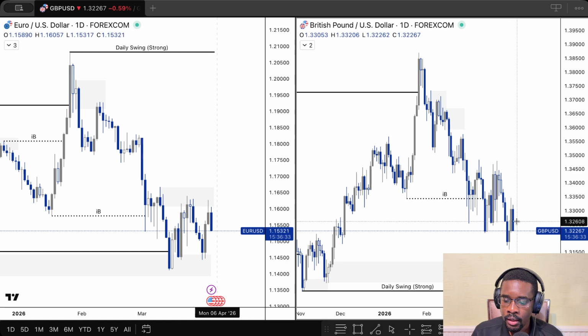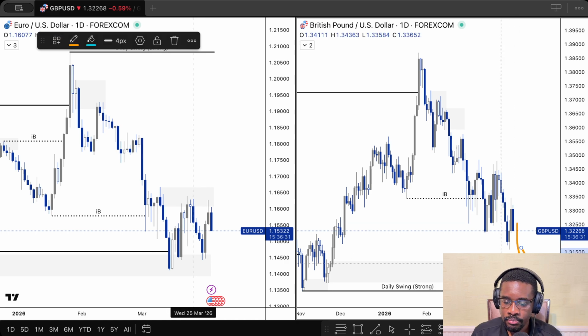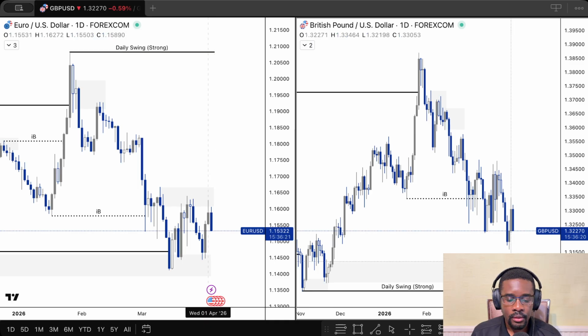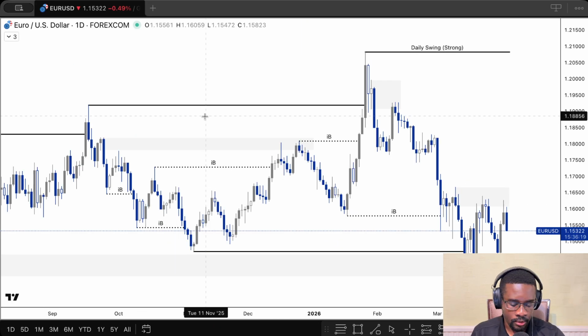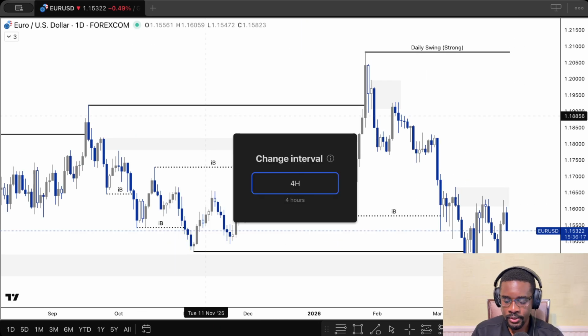And now price looks like it's possibly going to continue dropping until we mitigate maybe this daily demand on the pound. So let's look at the 4H for Euro USD.